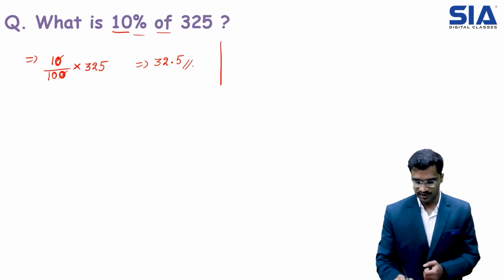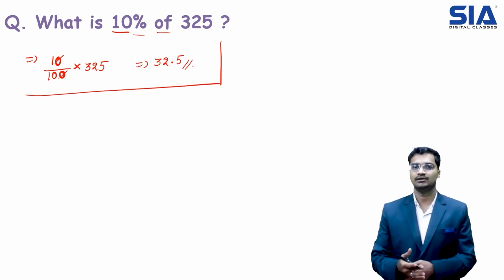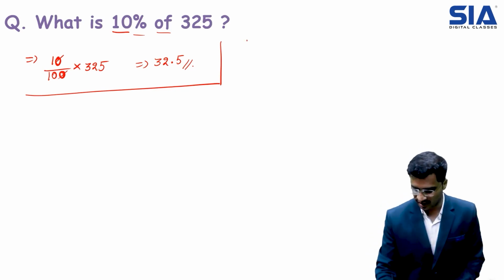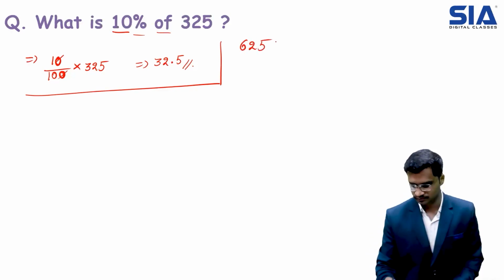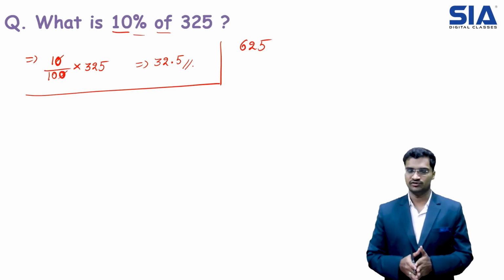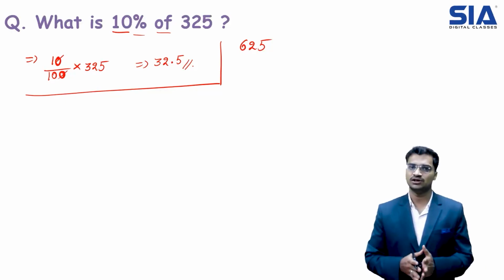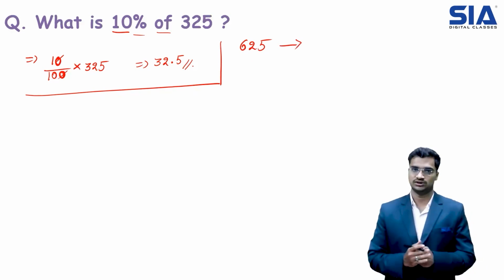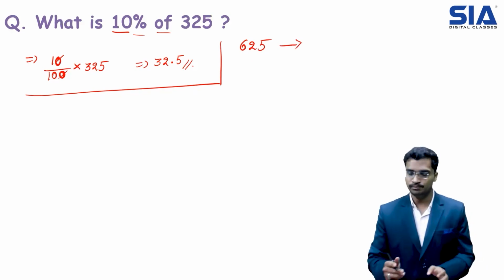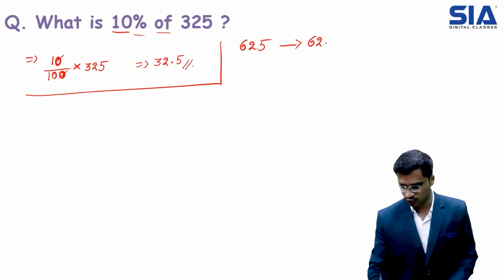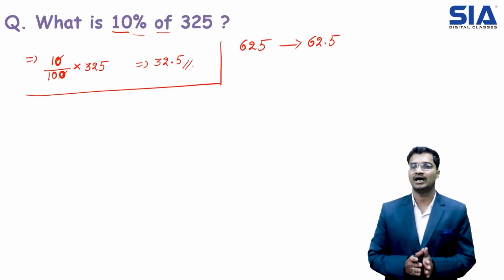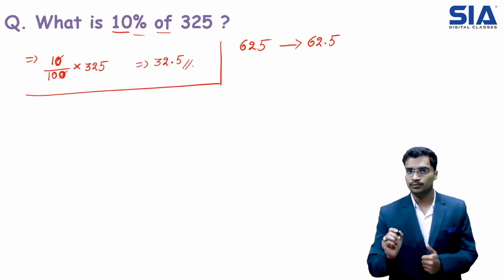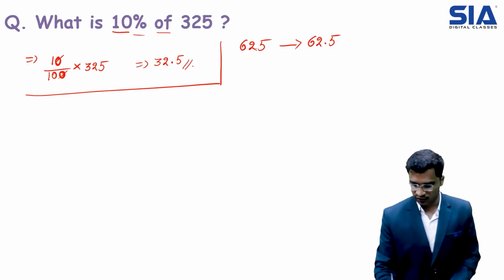We can simply solve any number's 10 percentage. Suppose I have a value of 625 and I have to tell the 10 percentage of this value. I can simply say it is 62.5. What I have done is put a decimal point before one digit.